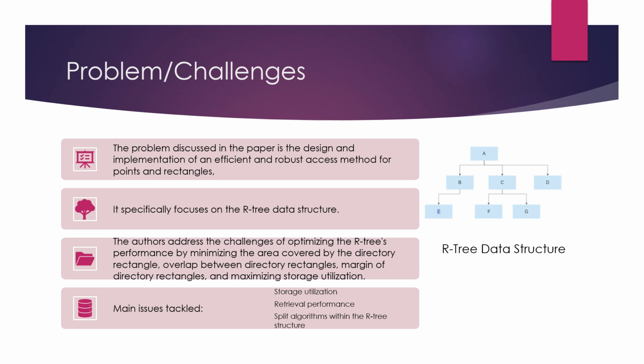The authors address the challenges of optimizing the R-tree's performance by minimizing the area covered by the directory rectangles, minimizing the overlap between the directory rectangles, and maximizing storage utilization.